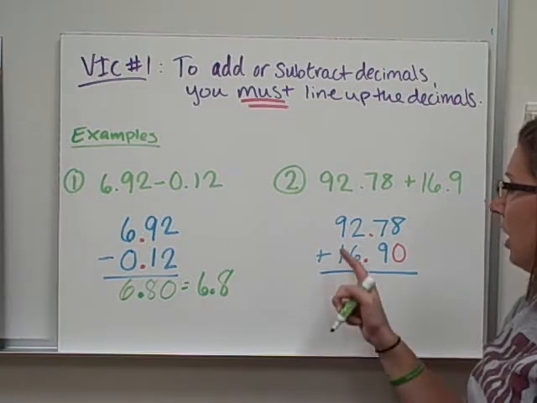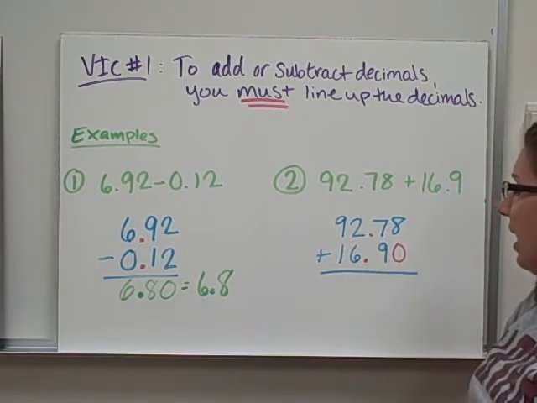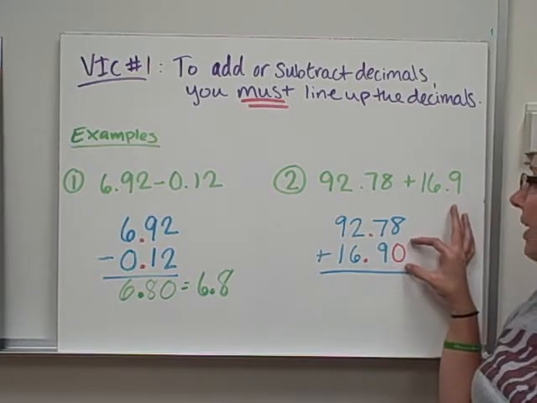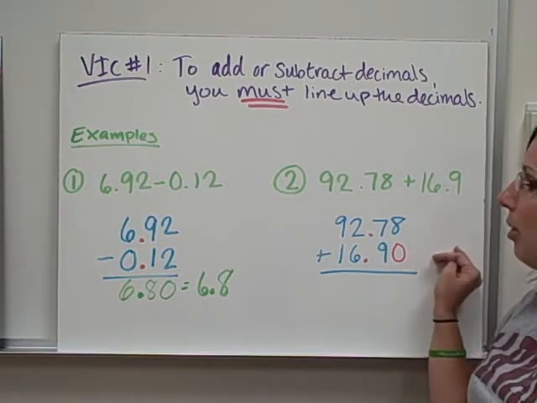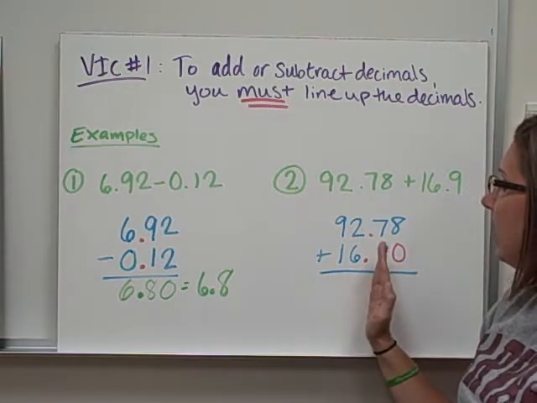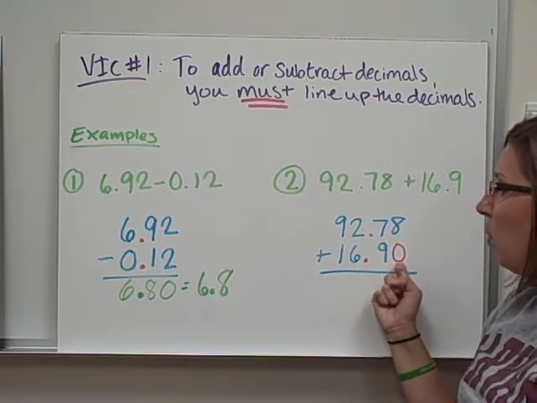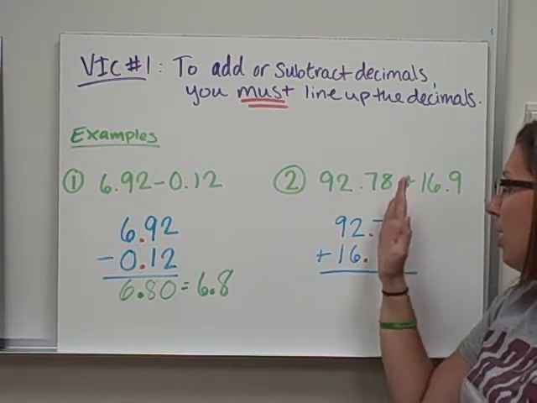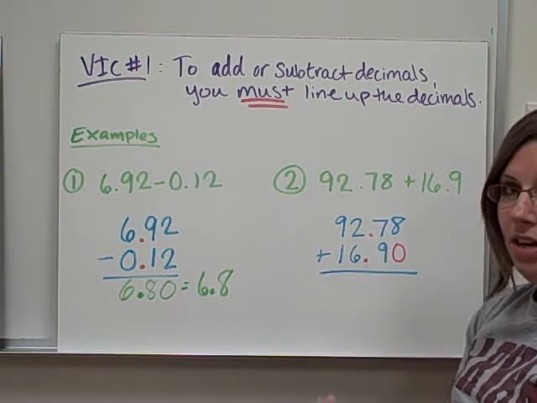My next problem, 92.78 plus 16.90. So I had to add a 0 here when I rewrote my problem vertically as a placeholder. Because remember, I'm lining up my decimals and I had one less digit here in the bottom number, so I had to add a placeholder to make sure I'm adding correctly.